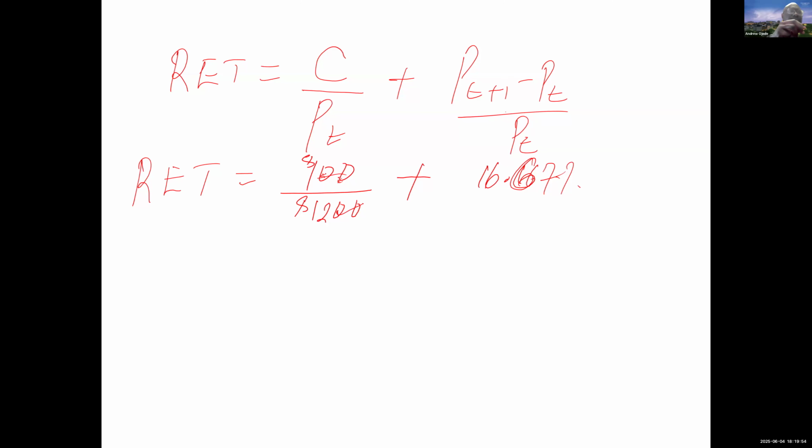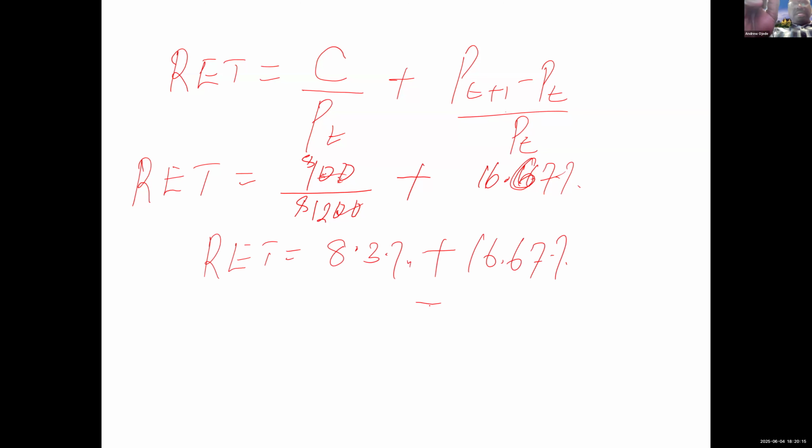What is 1 over 12? 1 divided by 12. 0.083, which is 8.3%. So that means the return here is going to be 8.3% plus 16.67%. So that comes to what?